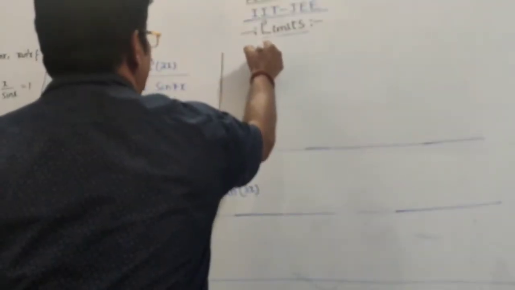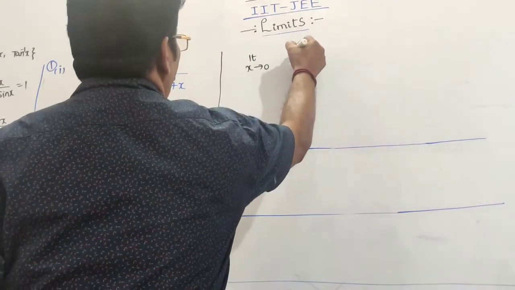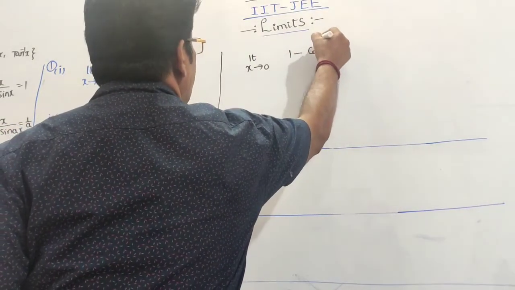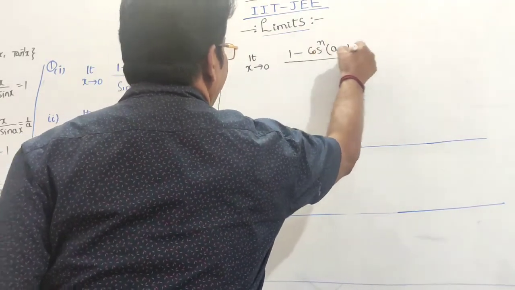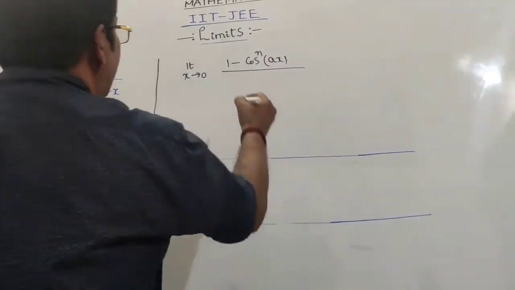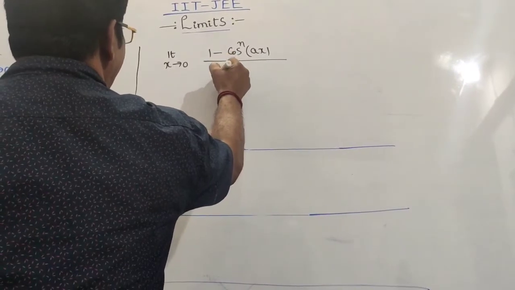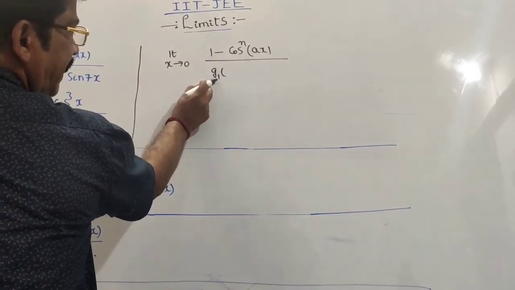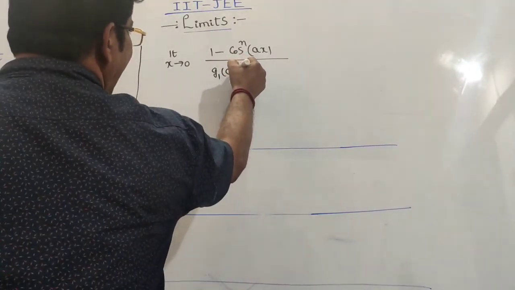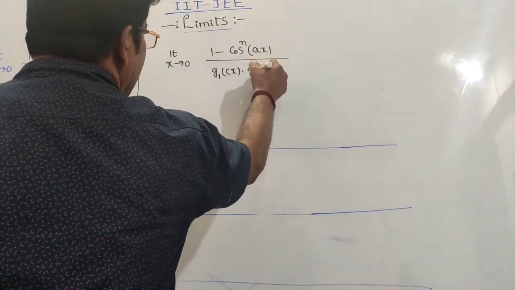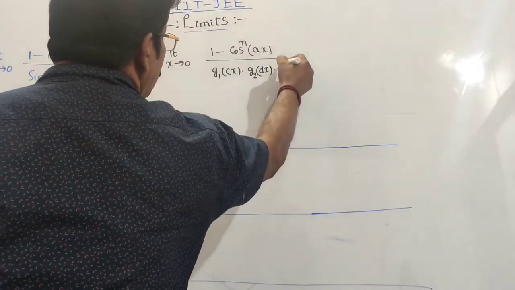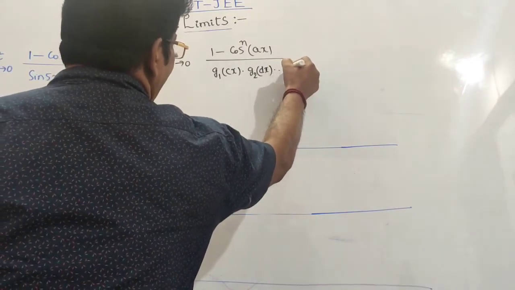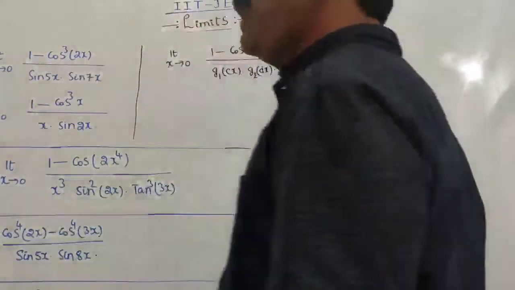The limit as x tends to 0 of 1 minus cos to the power of n of ax divided by something, g1, meaning g1 function, g1 of cx into g2 of dx, just like that, and so on. It is the structure.